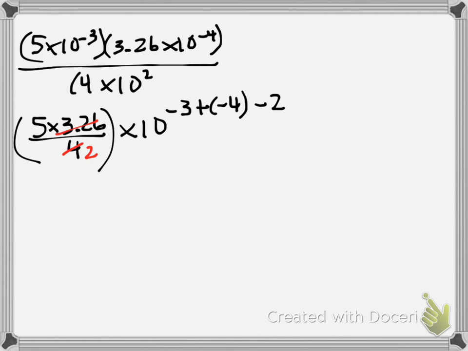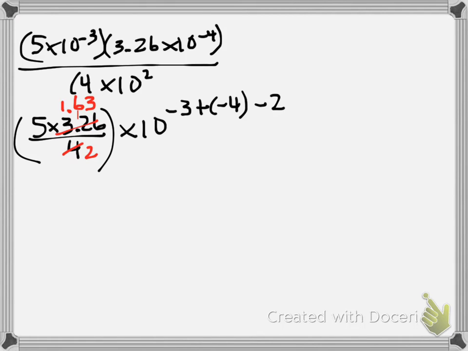So 2 goes into 3 once with 1 left over. 2 goes into 12 6 times evenly. And 2 goes into 6 3 times. Now, I'm allowed to do that because I have products or quotients. And so I can divide any factor in a denominator with any factor in the numerator if all I've got going on is multiplying in the numerator.